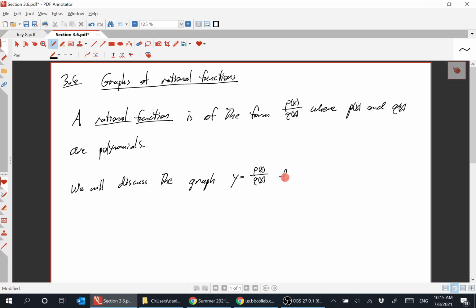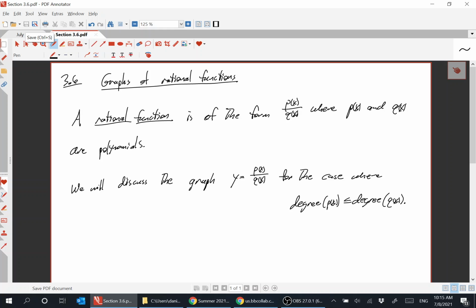When the degree of p of x is less than or equal to the degree of q of x. We could actually do more, like in general, if the degree of p is whatever. But the most important case is where the degree of p is less than or equal to the degree of q.